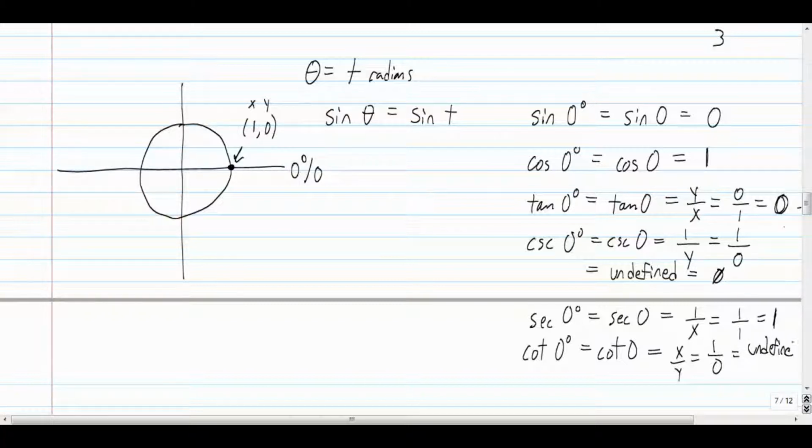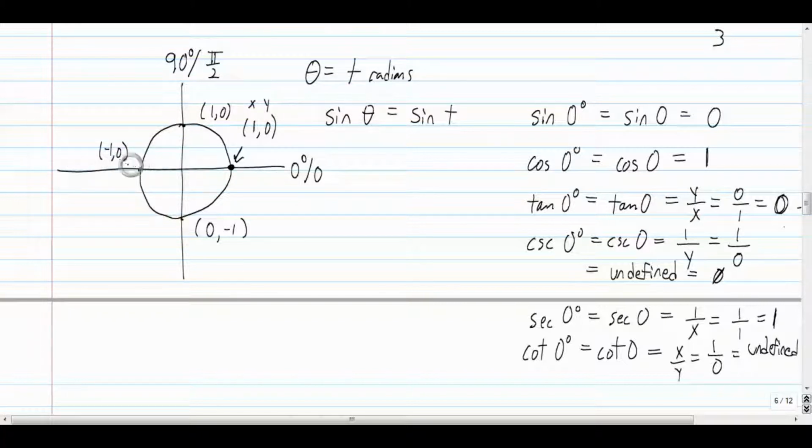We can do that for the 4 points that we know here. We know this point's 1, 0. We know this point's negative 1, 0. We know this point right here is 0, negative 1. Now, what are the quadrantal angles here? What's this angle measure up here? 90 degrees, or pi over 2.